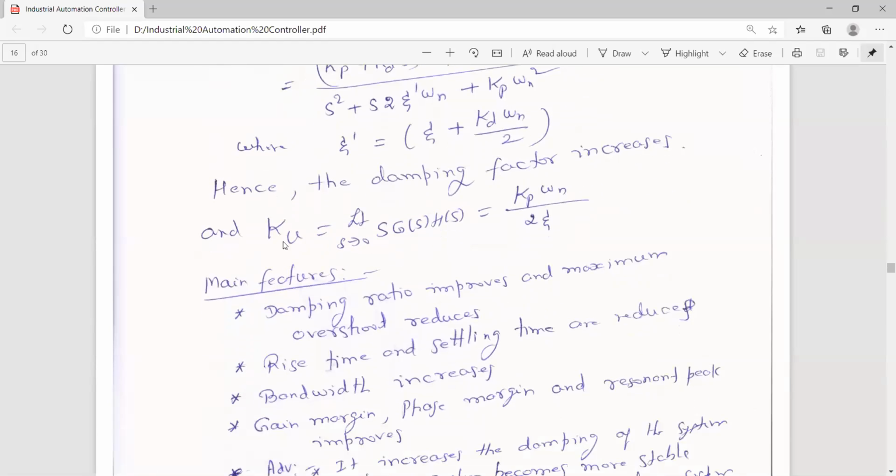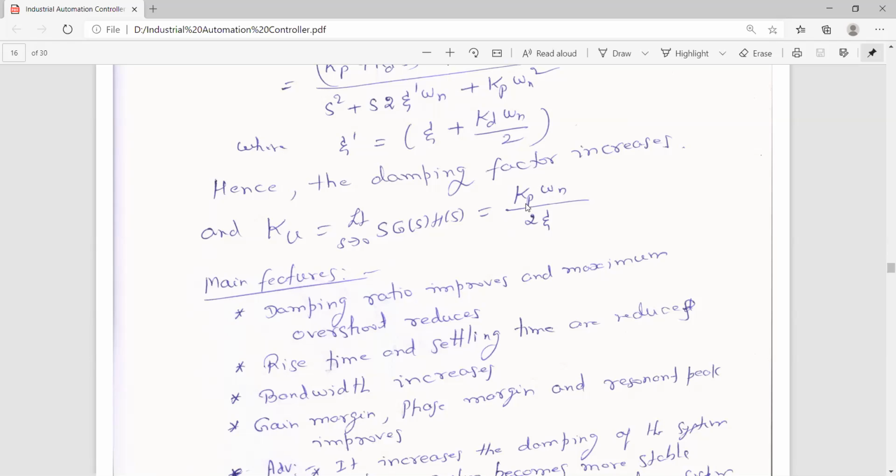If we consider Kv, Kv is the limit as s tends to 0 of s times G(s)H(s). Kv is known to you. These are the three error coefficients: Kp for the step input, Kv for the ramp input, and Ka for the acceleration input.